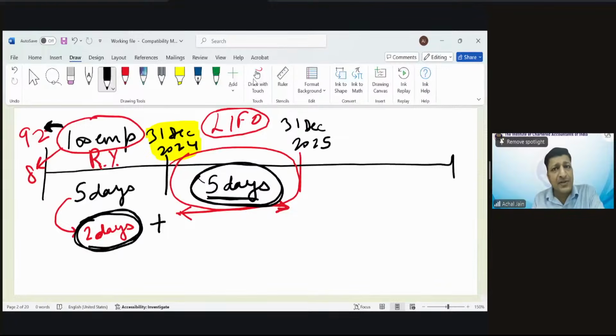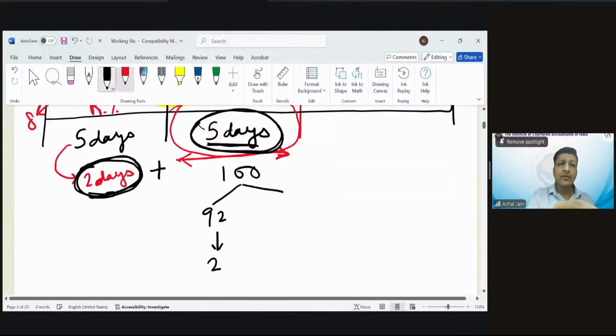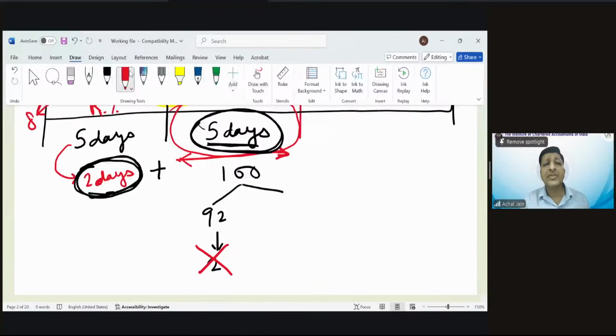So do we need to do anything about these 2 days for 92 employees? Answer is no. Okay, so for 92 employees, the 2 days which they carry forward, what do we do? We ignore it. We ignore it. Correct?